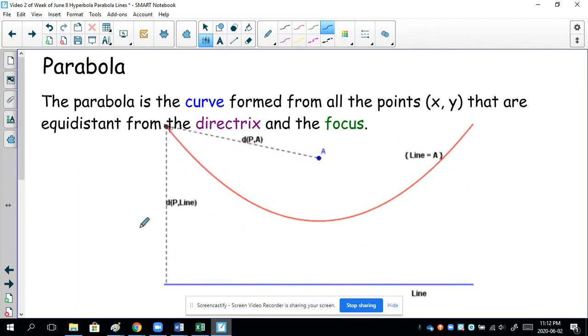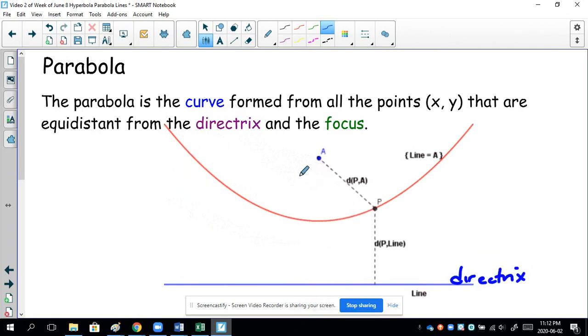The directrix is this line here, and here we have the focus. So this is the curve that consists of all the points that are the same distance from the focus and the directrix.